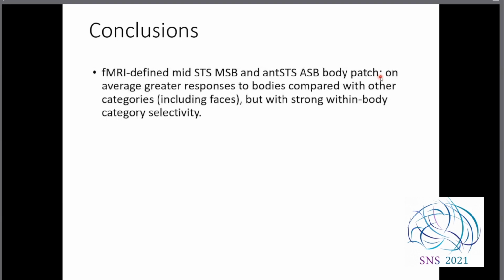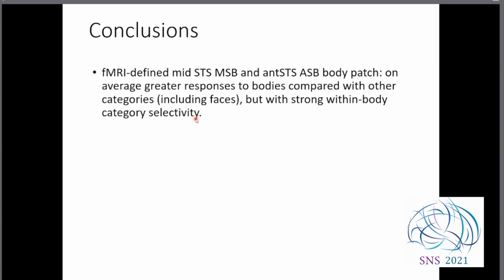Okay, so the interim conclusion is, we have these fMRI-defined patches in the superior temporal sulcus of the monkey, the mid-STS body patch, MSB, and the anterior STS body patch, ASB, and on average they show a greater response to bodies compared with other categories, including faces. But they have a strong within-body category selectivity. By that I mean that they don't respond to all images of bodies.